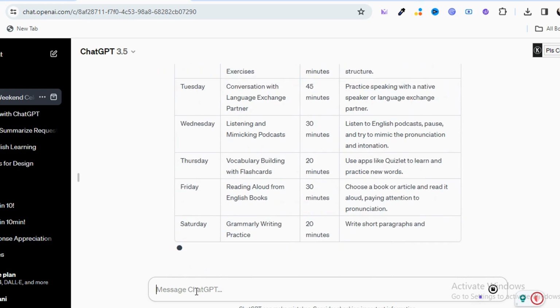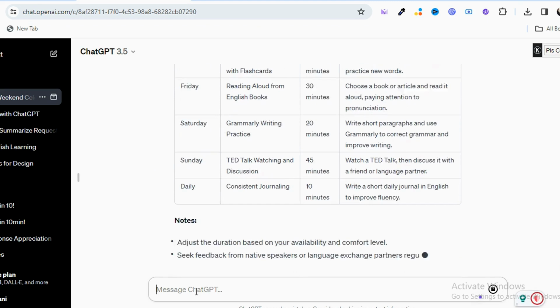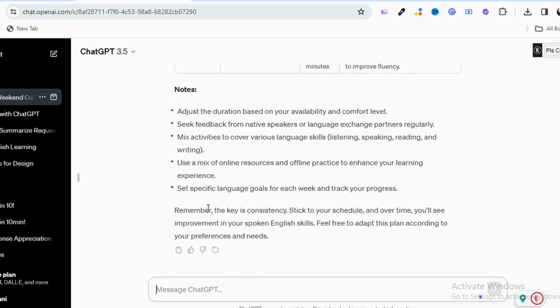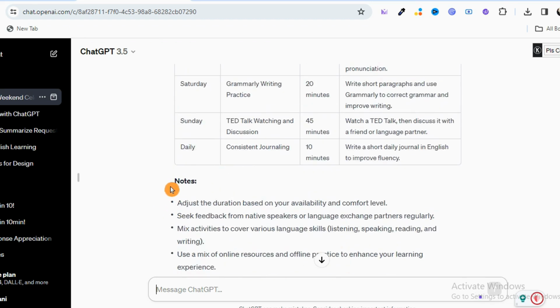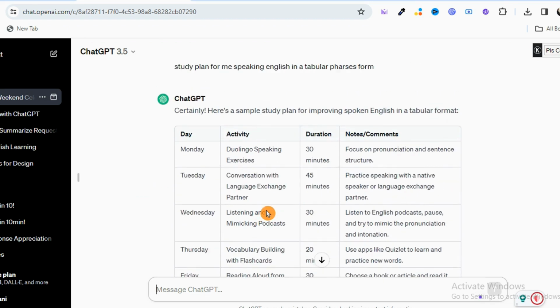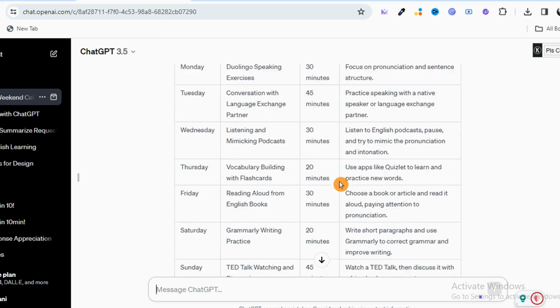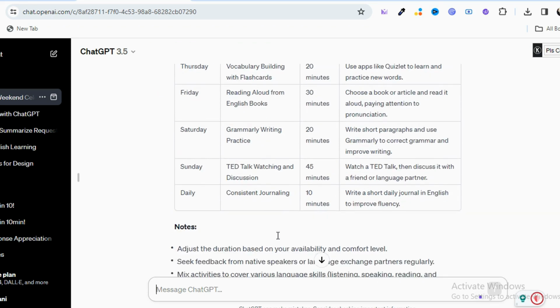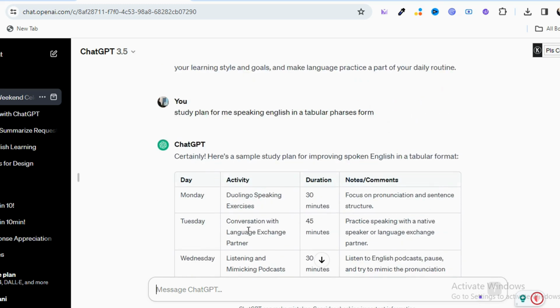Wow, ChatGPT, what are you doing? You created it in such a stunning way. I really like it. It also gives me extra notes and a study plan for every day.